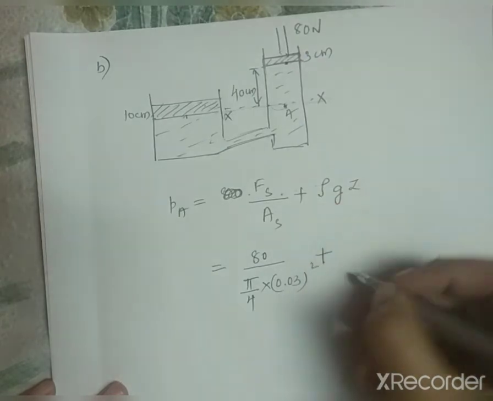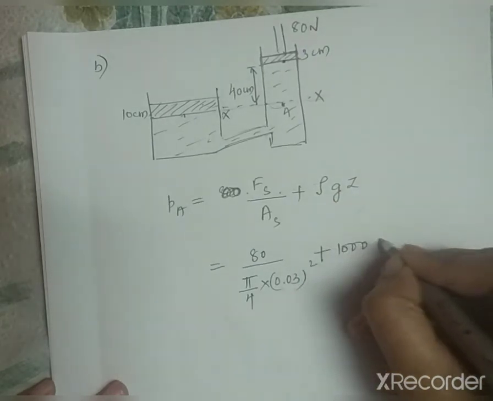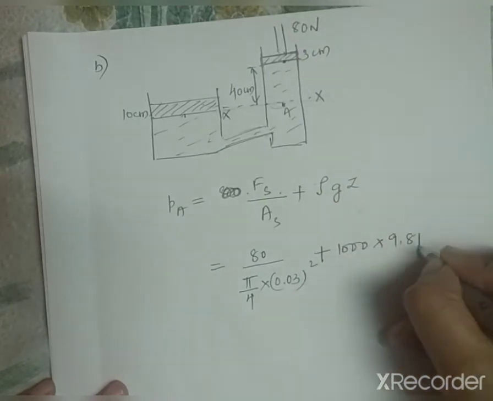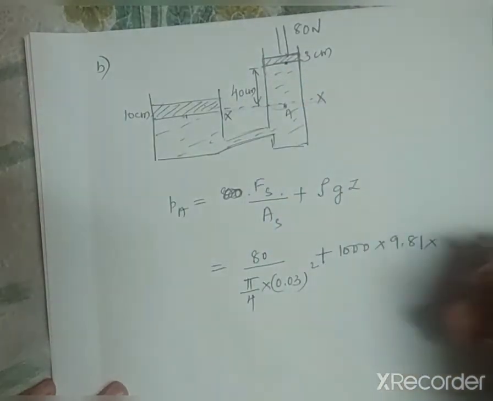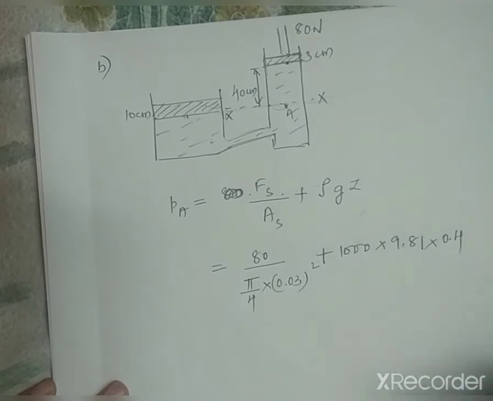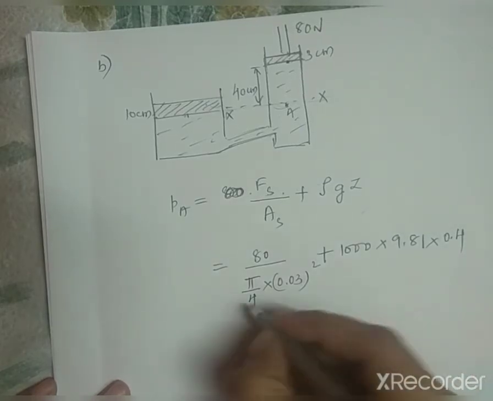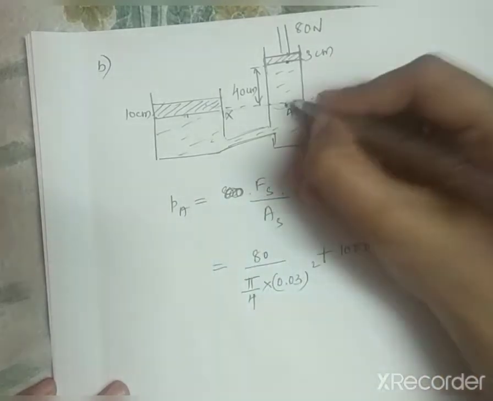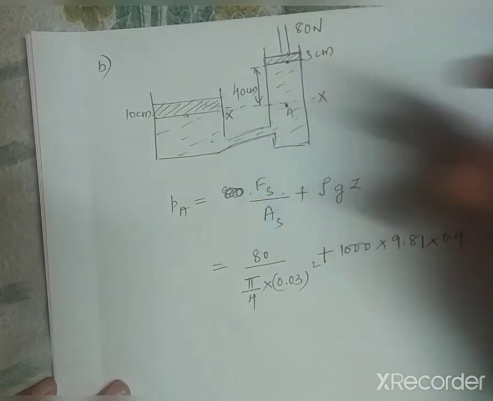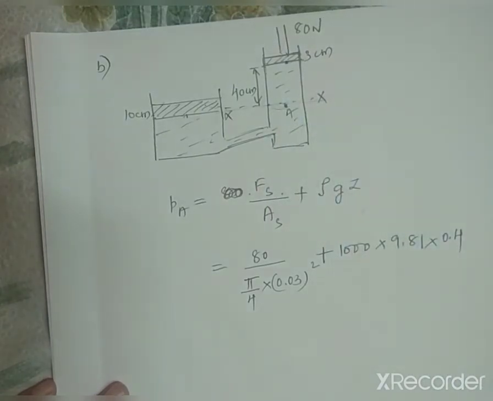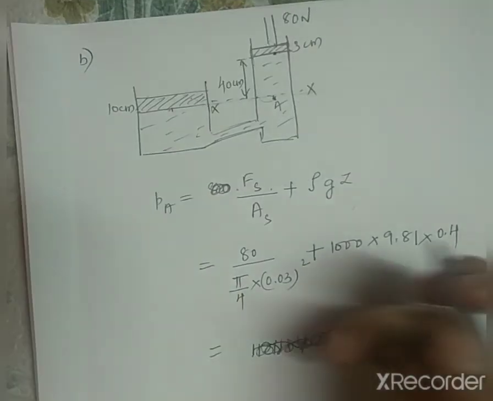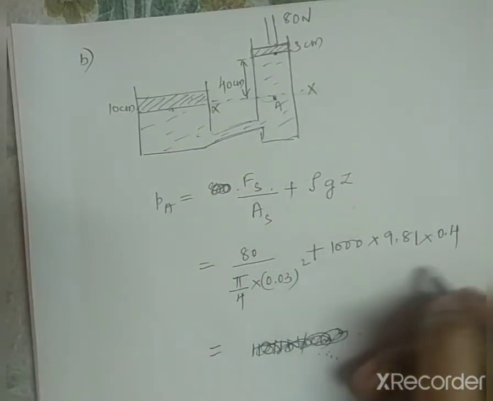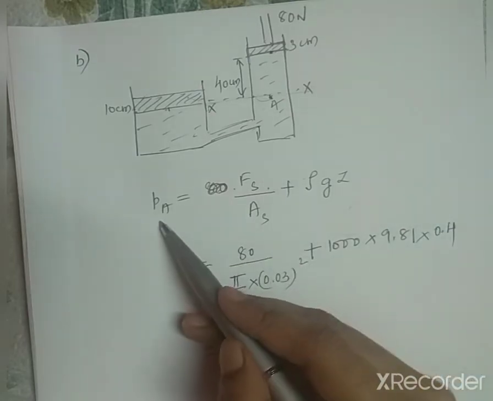Here the rho of liquid is 1000, so 1000 into 9.81 into Z. Z is 40 centimeter, that you convert to meters, 0.4. So you get the pressure intensity at this particular point A. So you will get the value of PA here.